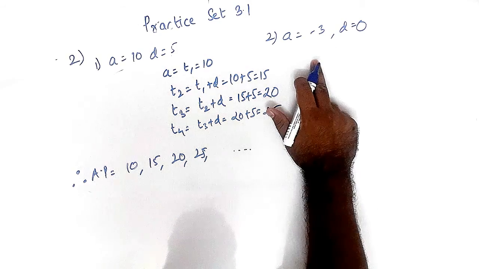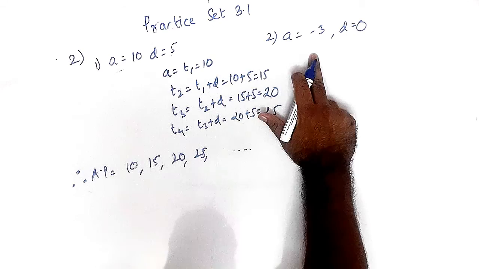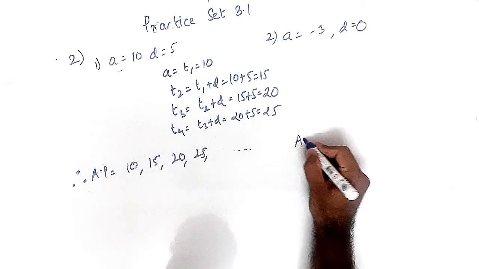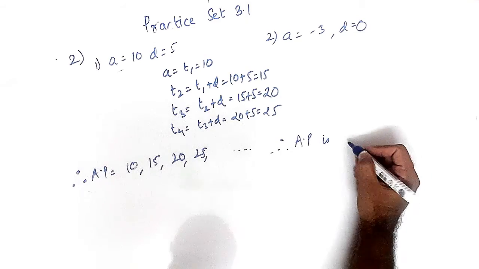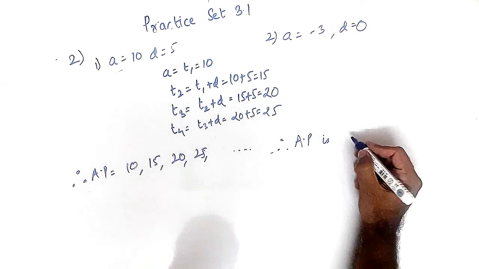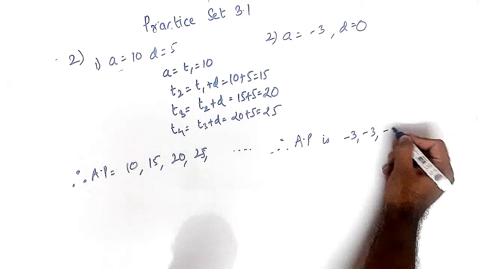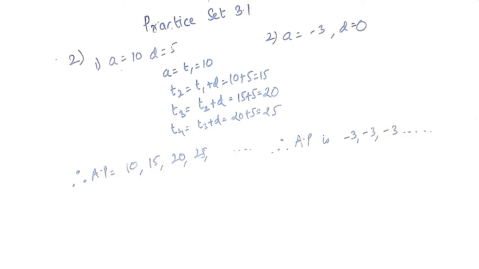Here also we can write A is minus 3. Okay, you can start from here, you can start from below. Therefore, arithmetic progression is, difference is 0, so it will be minus 3, minus 3, minus 3, dot dot dot.